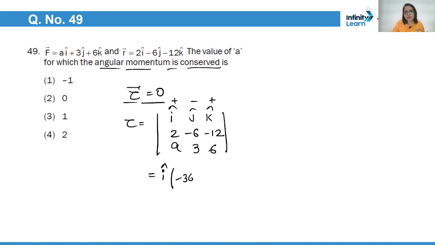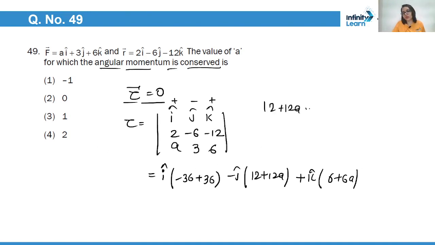This is minus 36 plus 36, minus j cap, that is 12 plus 12A, plus k cap. So it will be 6 plus 6A, and it should be 0 i cap plus 0 j cap plus 0 k cap, right? So if you put the coefficient of j or k equal to 0, you'll get your answer. So it is A is equal to minus 1.